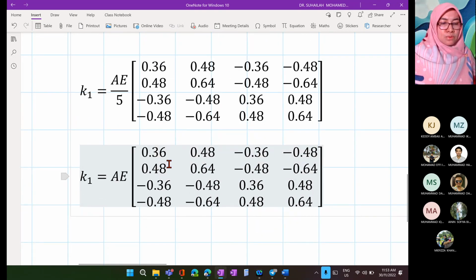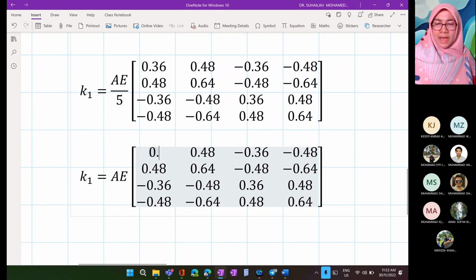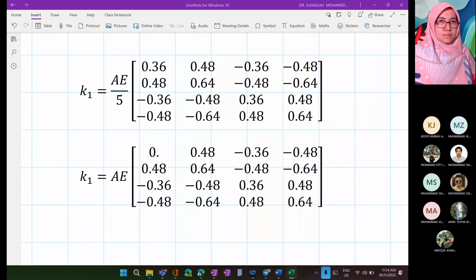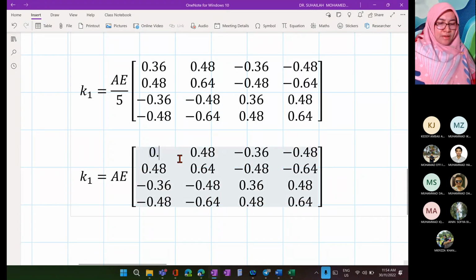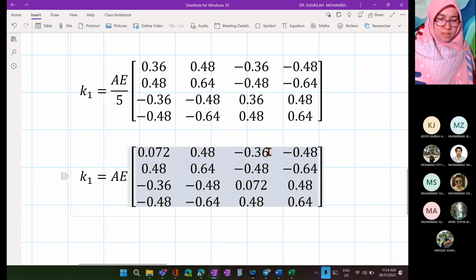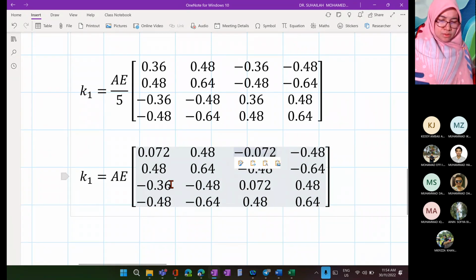So we divide all the values by 5. 0.36 divided by 5, what do we get? 0.072. 0.072 here, also 0.072. This one is negative 0.072.